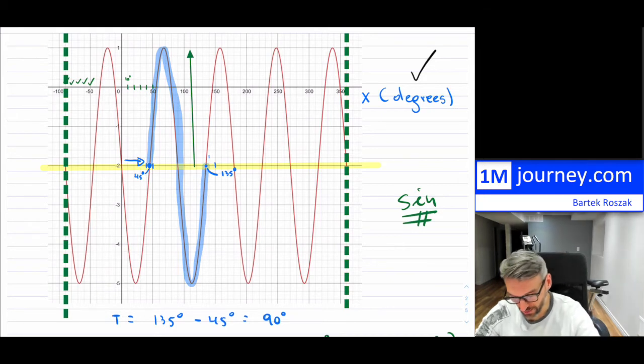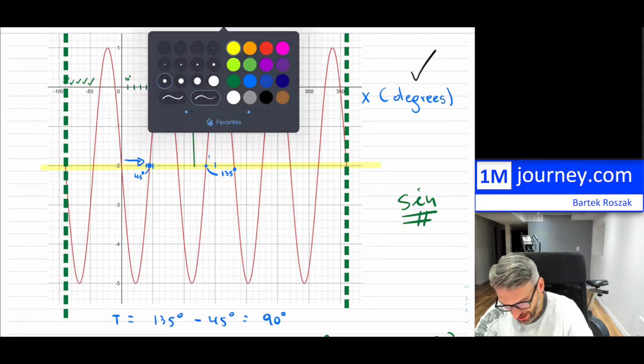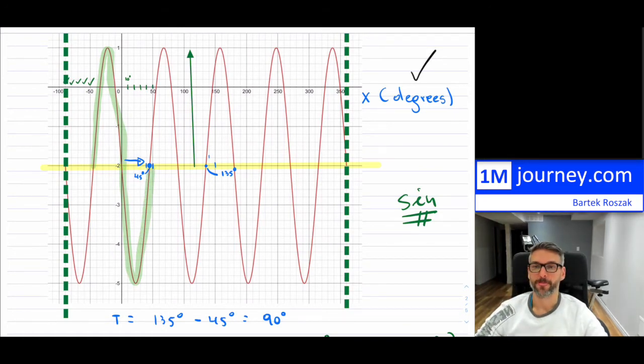Now, again, it's not unique. Why I say that is, if I picked instead a sine for one cycle that is this, then obviously it has a different shift, and it would have been shifted to the left.